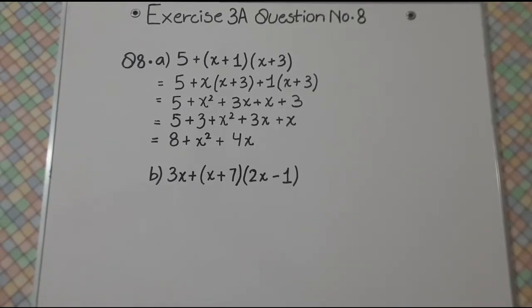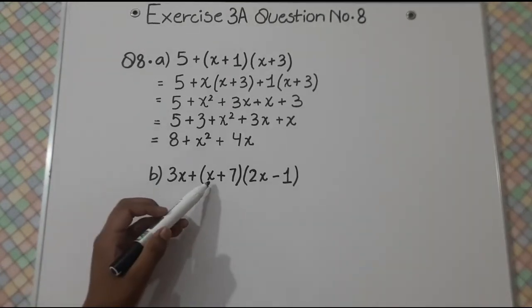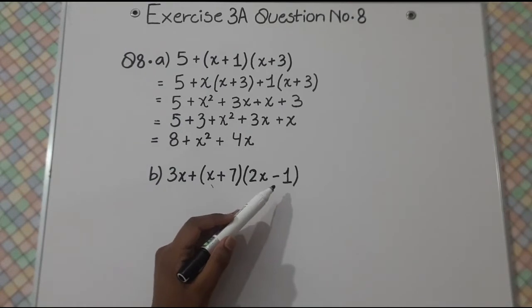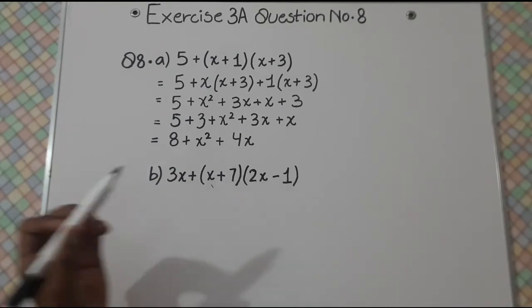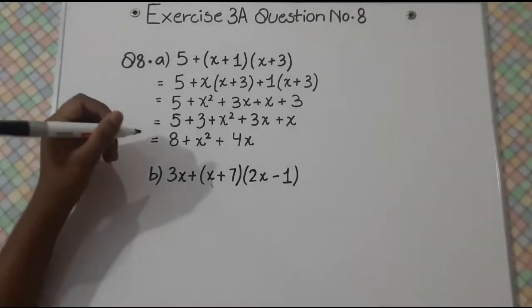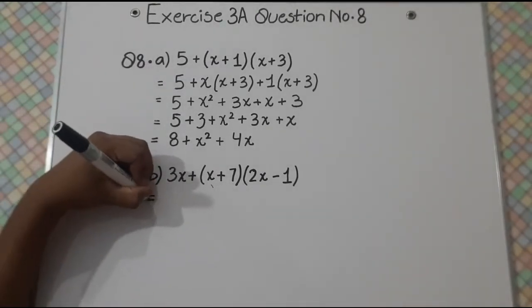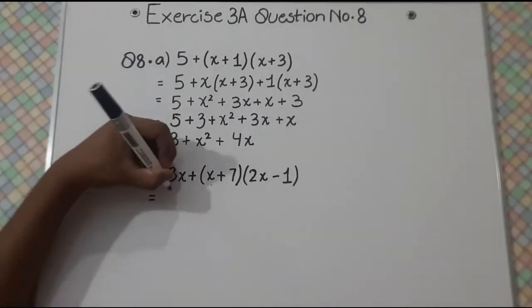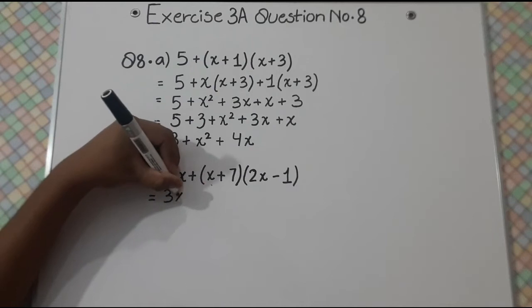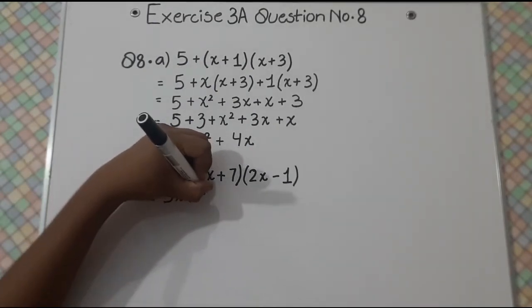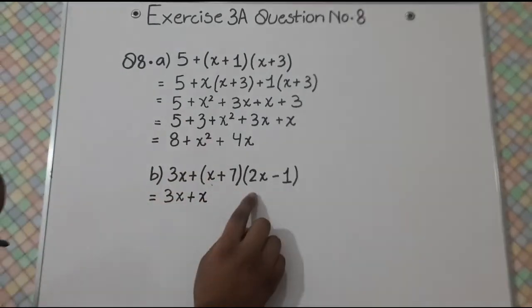So this is part B of this question, which says 3x plus bracket x plus 7 and 2x minus 1. We are going to do the same as in part A, but the question is different. So we are going to open this bracket first. We are going to write 3x plus x and we are going to write 2x minus 1.